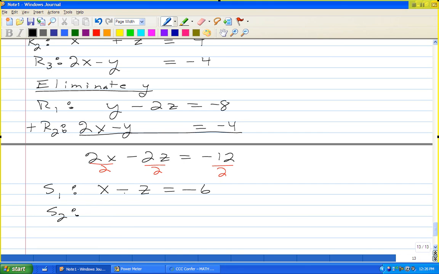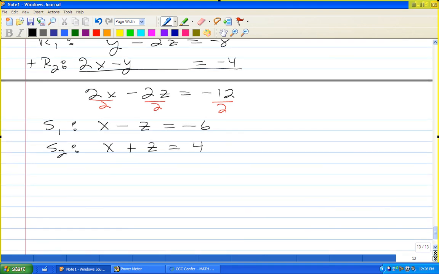Is just x plus y plus z equals 4. So let's eliminate z. Let's just add these together. So I get 2x is equal to negative 2. Divide by 2. So x is negative 1.